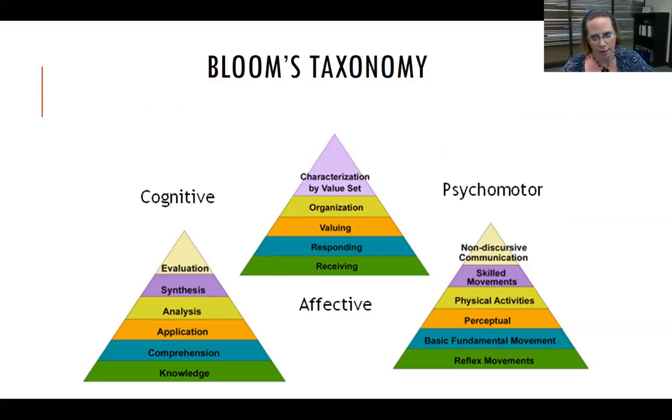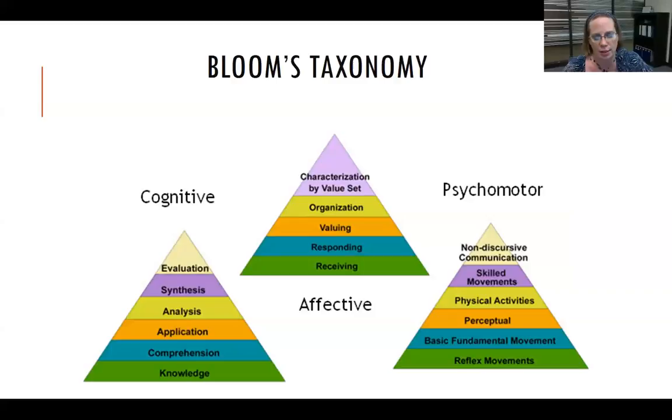So Bloom and his colleagues actually developed two separate domains or areas. Those are cognitive and affective. These two domains are areas where knowledge could be placed. A third, the psychomotor, was added by later researchers.